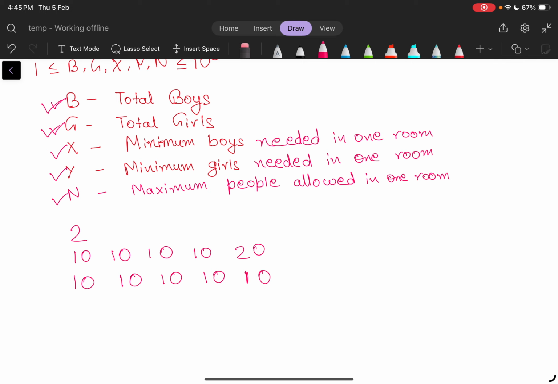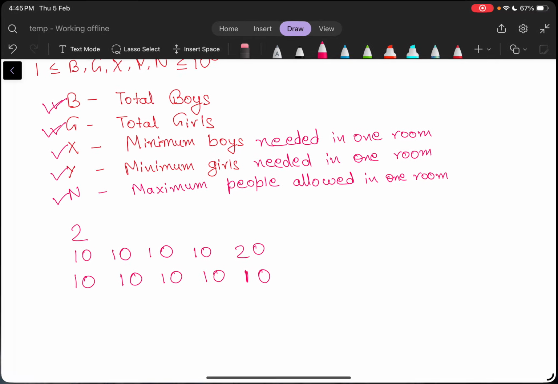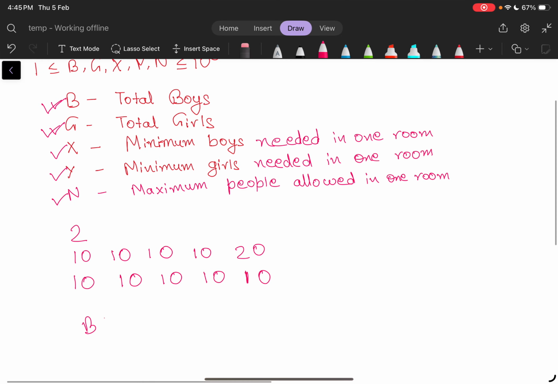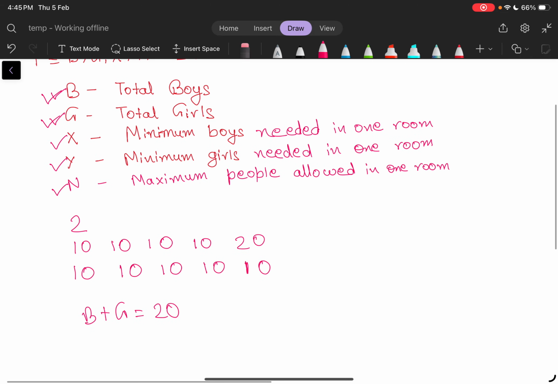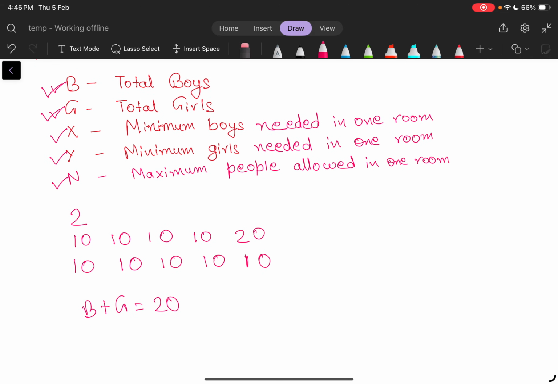Here we have been given the count of boys as 10 in the first case and the count of girls also as 10. So the total count of boys plus girls is equal to 20, right? And the maximum people allowed in one room is also given as 20.